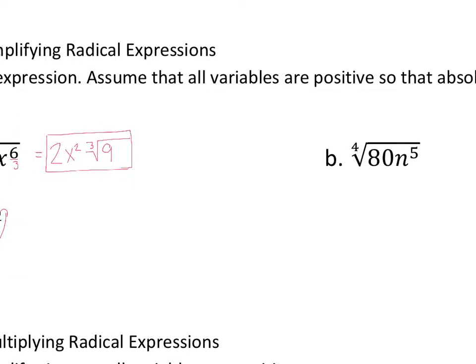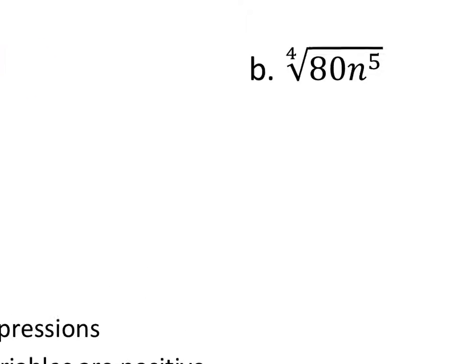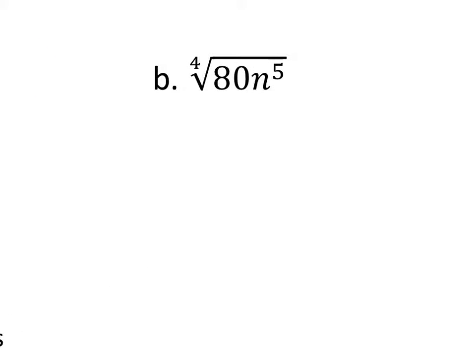Next one, we're doing 4th root of 80. Let's start there. What do you want to break 80 down into? 10 and 8. 2 and 4. So that's 5 and 2, 2 and 4, 2 and 2.